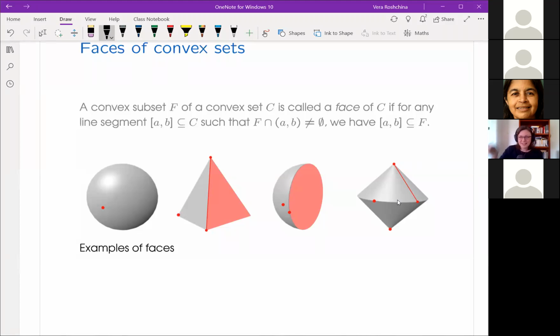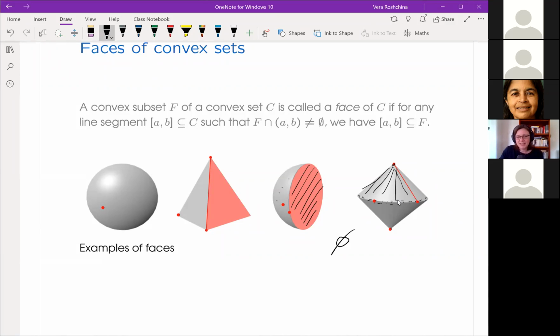For this set, if I slice the Euclidean ball in half, then every point on the boundary will be a face. The set itself is its own face. And then I have this 2-dimensional face here. On this set as well, it will be very similar. Every point on this edge will be a face, the 2 tips here are faces, every line segment on the boundary like this is a face, and the set itself is a face.